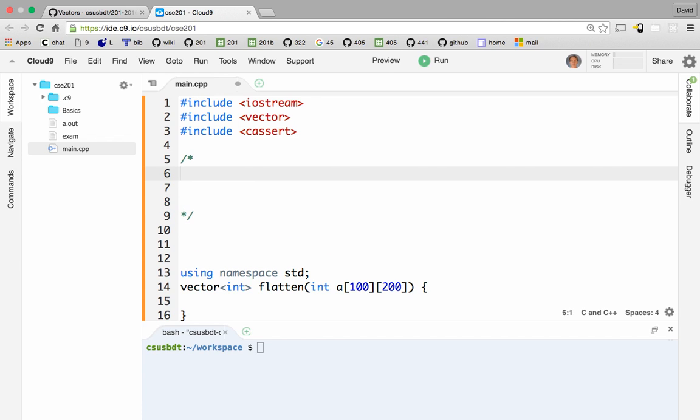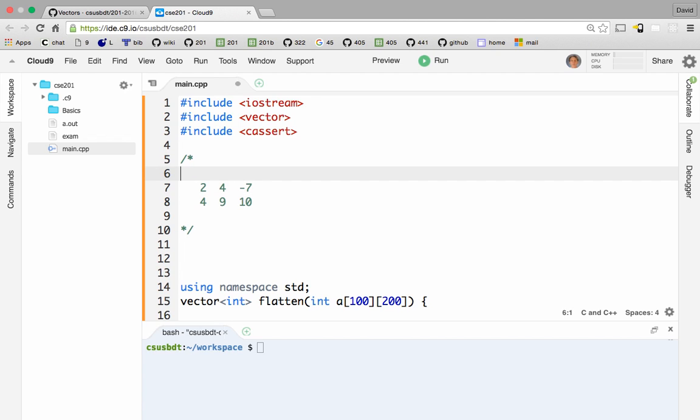If you have an array, say 2 rows by 3 columns, it's like an array of 100 rows by 200 columns. It's just a smaller example.